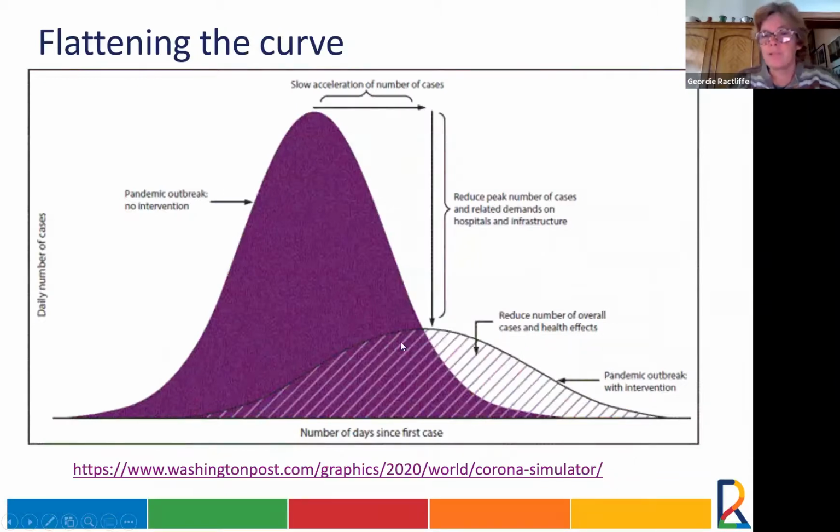So flattening the curve is what we are doing now by staying at home, and it will not stop our hospitals from having many cases. It's unlikely that our hospital system will not be overwhelmed.